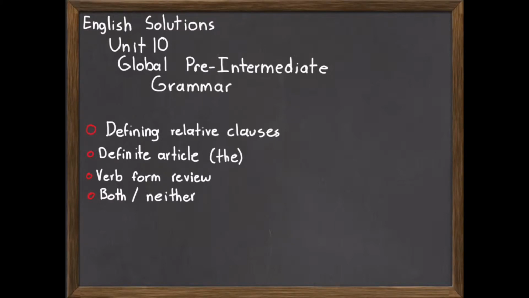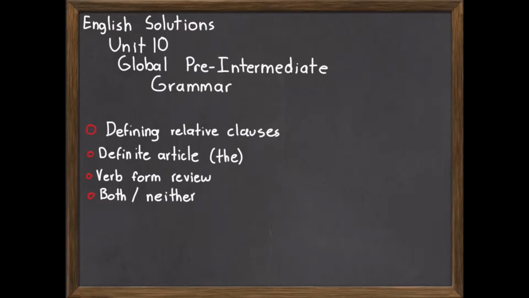Today, we will be looking at Unit 10 from the Global Pre-Intermediate book, and we will be focusing on the grammar section. First, we will look at defining relative clauses. You might know them as who, that, which, and where. We will see when we use these clauses.